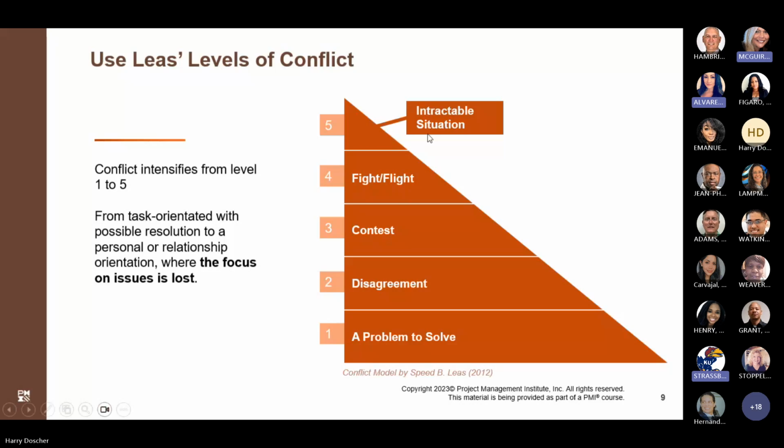What you want to keep is identification of the problem to solve, and if there's any disagreement, working with the team and the team working together in order to solve the conflict.